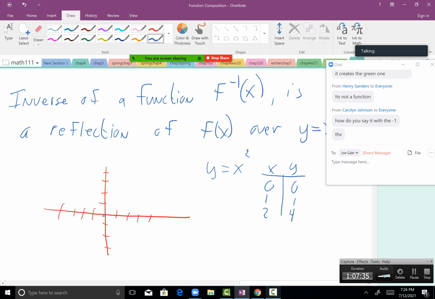So 0, 0, 1, 1, 2, 4. So there's my parabola heading up that way. 3, 9, and so forth. Now, I have this little reflection line going through here, which reflects it.